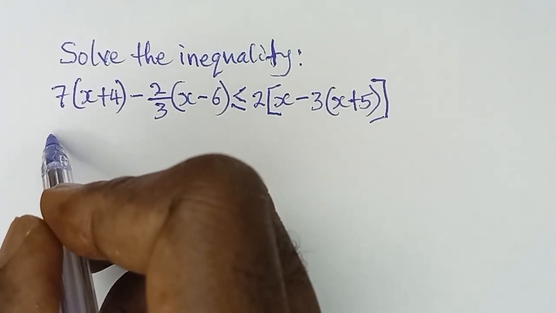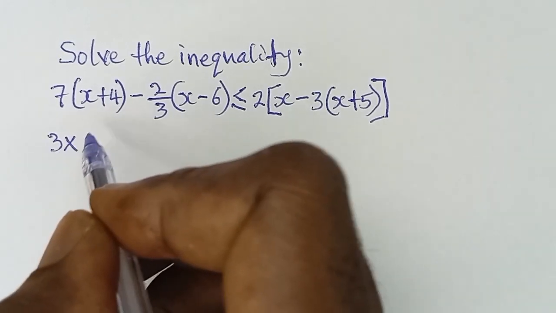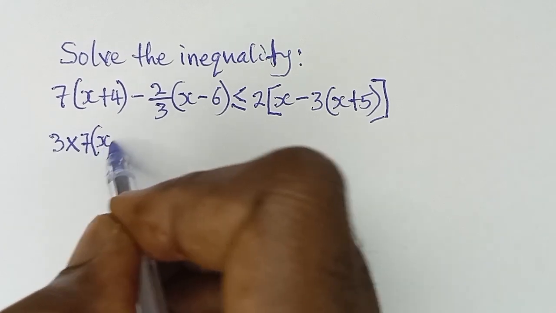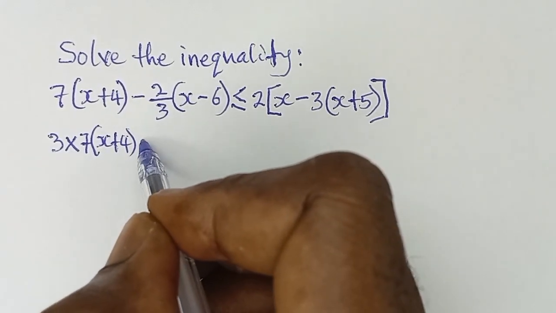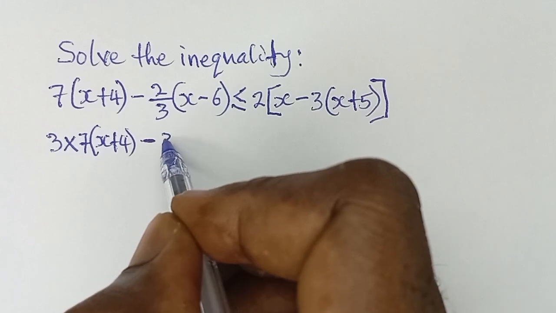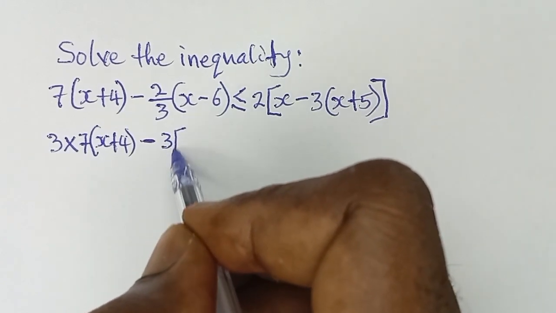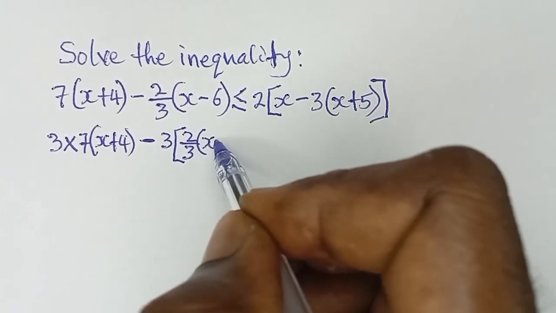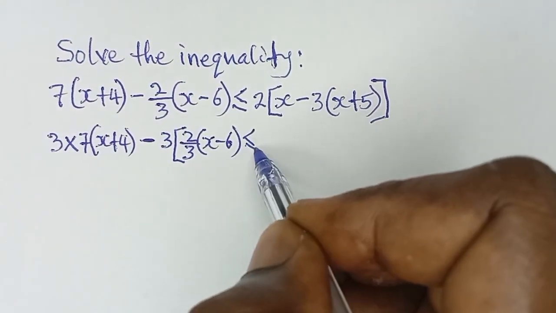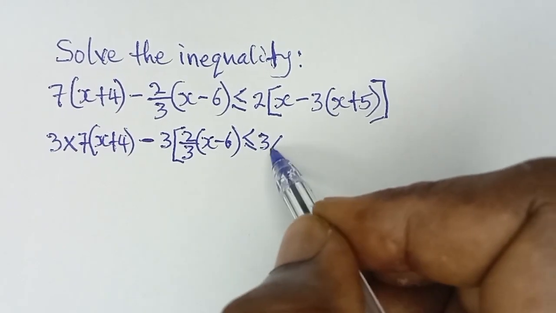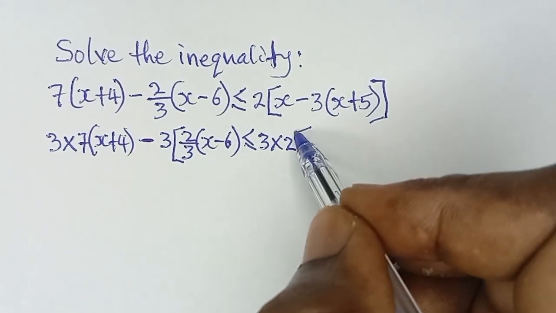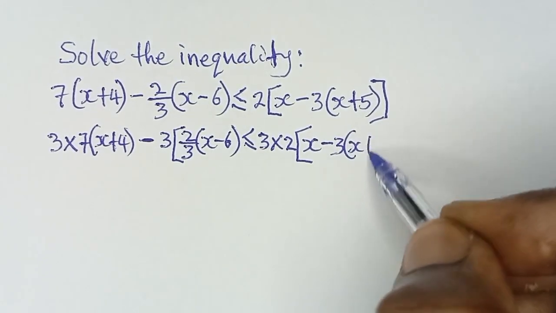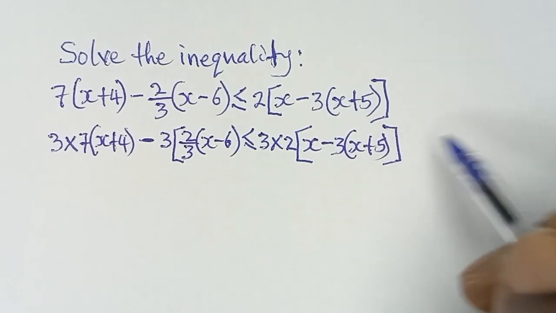So it's going to be 3 multiplied by 7, and then this is x plus 4, and then minus 3 multiplied by, this is 2 over 3, and then you have x minus 6, and it's less than or equal to 3 multiplied by 2, and then you have x minus 3 into x plus 5, and then the bracket closed.